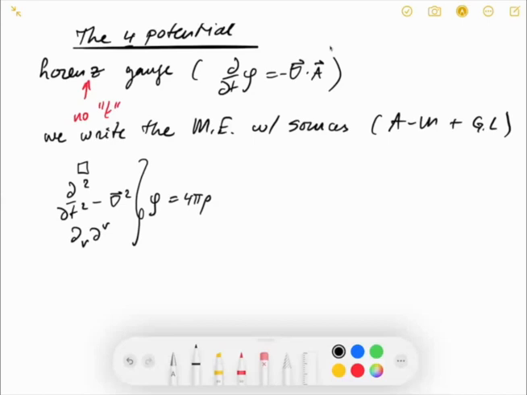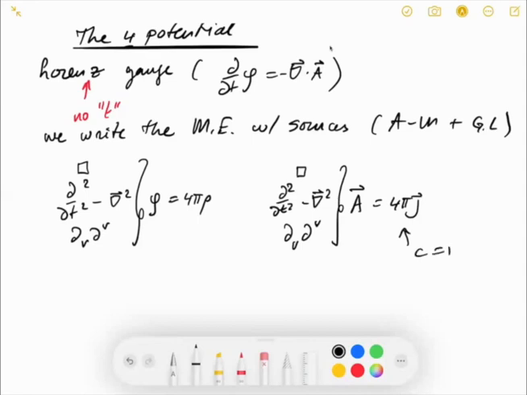And then we also had, same situation, the generalized Laplacian acting on the vector potential A, equal to 4 pi J. And of course, there's usually a C here, but the C is 1 right now.